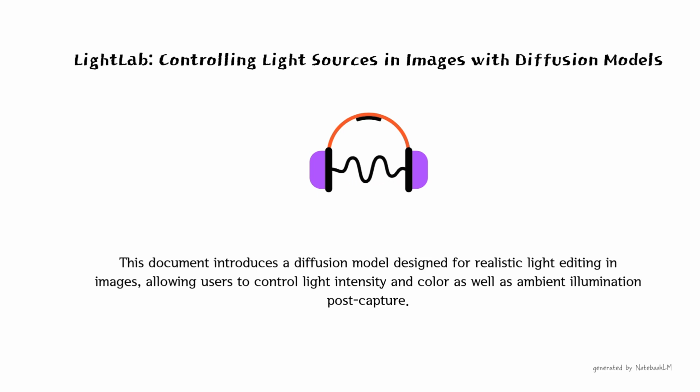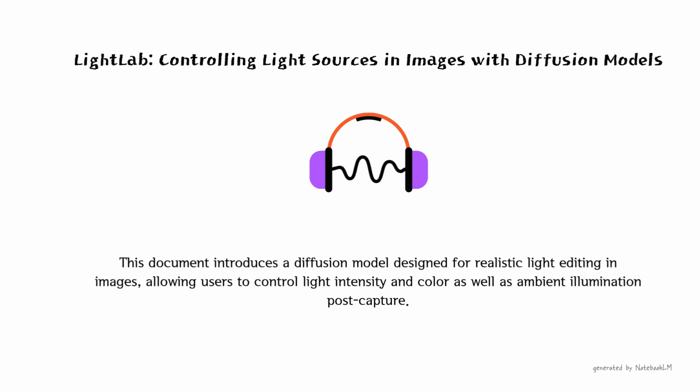Got it. So even though the paper admits the synthetic data might lack diversity in, say, object shapes or materials compared to the real world, its strength is teaching the model the underlying physics. How light should behave consistently, plausibly, across different views and conditions. That's hard to get just from limited real data.